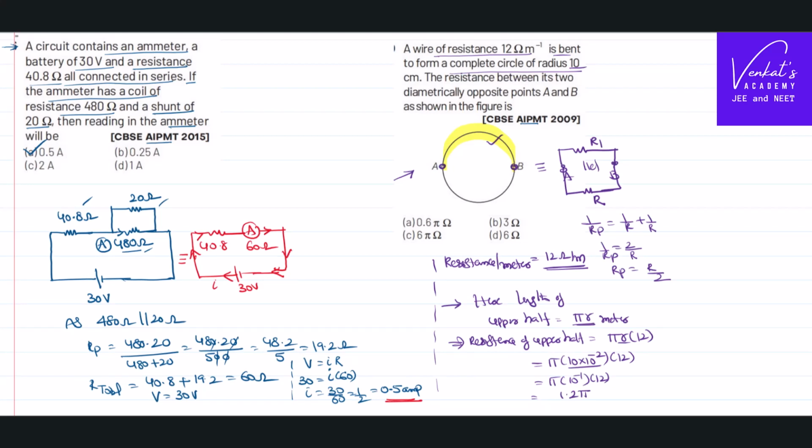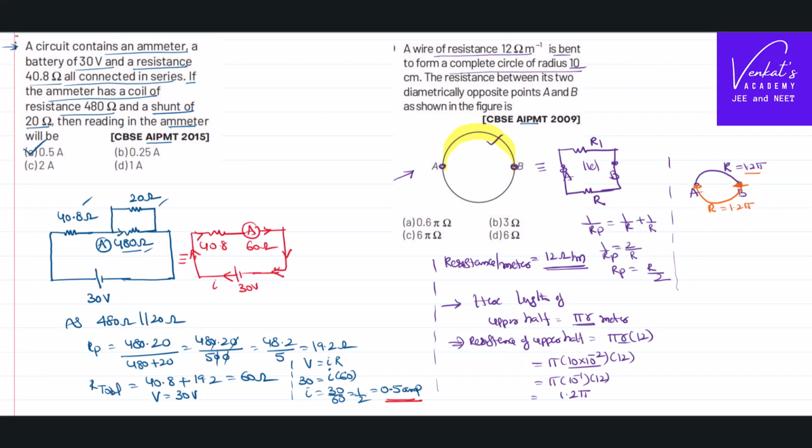Now, this is the point A, this is the point B, this upper half has a resistance R, that is 1.2 pi. The lower half is also identical, that also will have the same resistance of 1.2 pi.